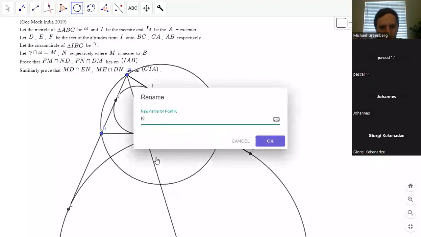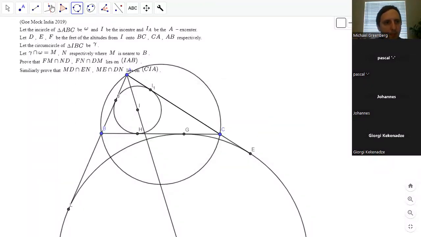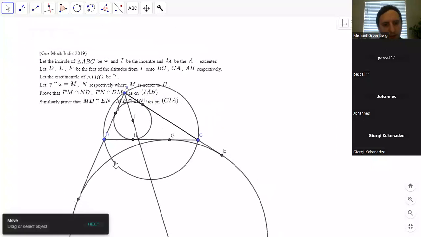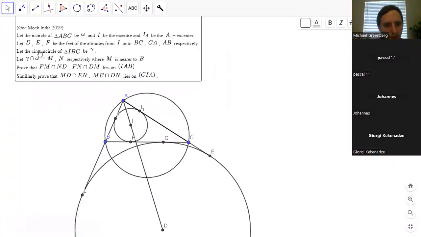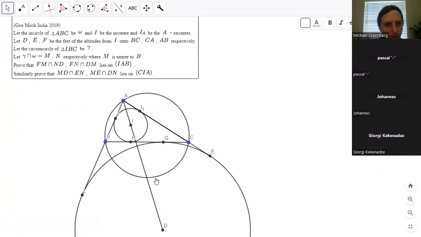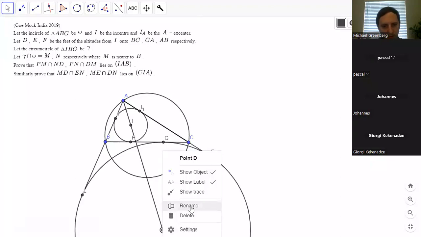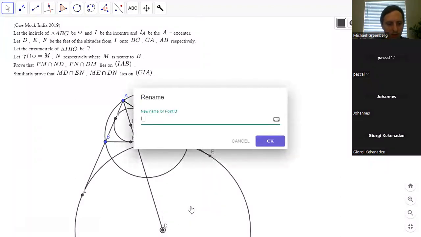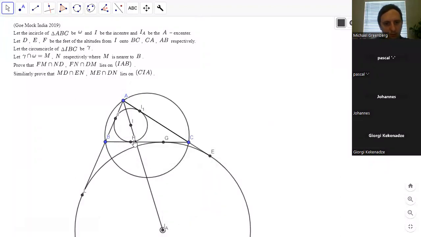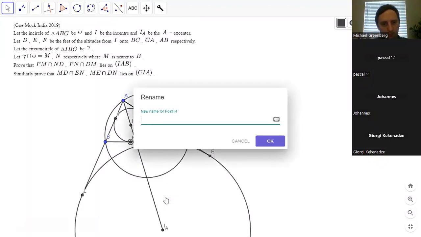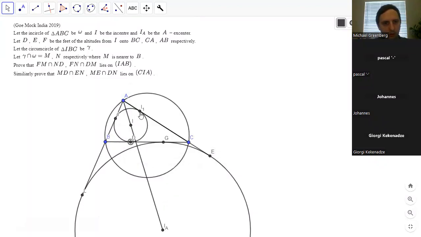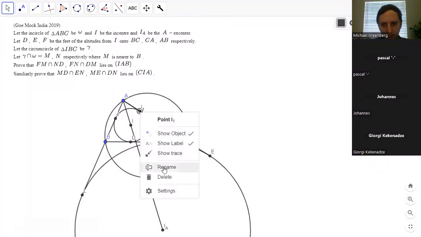So this is I, and then we draw D, E, and F, and then we draw the excenter. I'm sorry, the excenter. So IA is this point. Let's rename these D, E, and F.